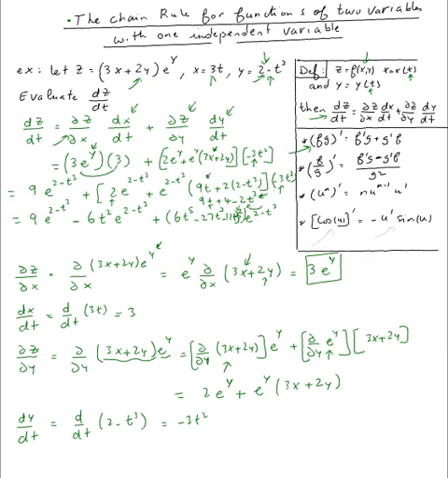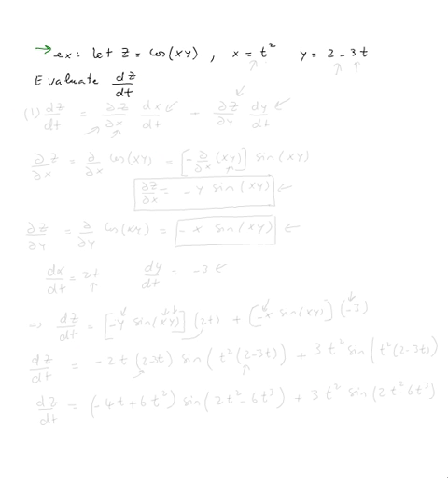So let's do the next example, the same way. We need to calculate dz/dt, which is partial z with respect to x times dx/dt, plus partial z with respect to y times dy/dt. Again, we start with partial z with respect to x. The partial with respect to x of z is the partial with respect to x of cosine of xy.